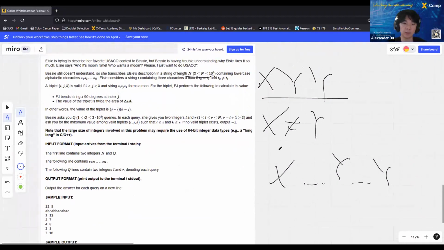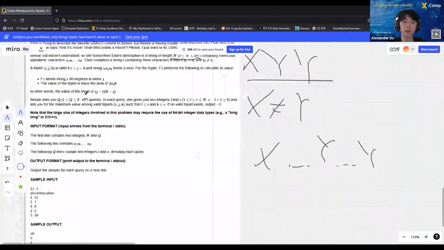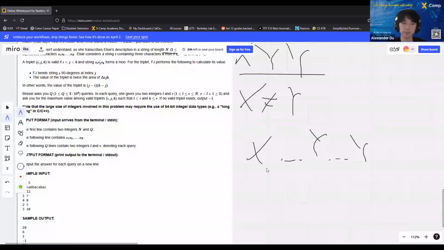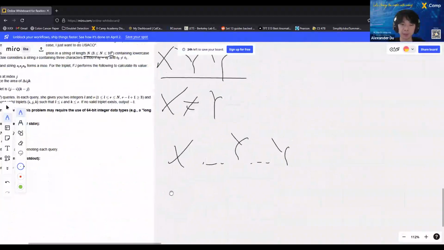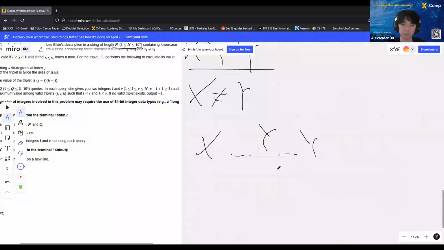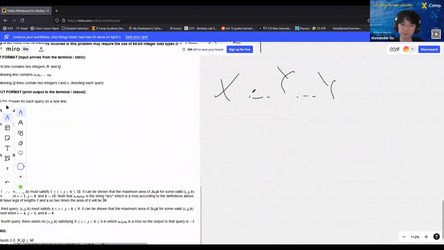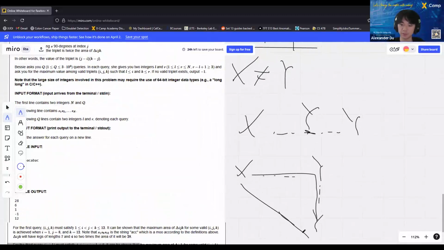Now for every single moo like this, every single triplet, we are given a formula to calculate its value. Basically, we take this string and bend it at this number so it turns into x dot dot dot y dot dot dot y, and then we calculate the area of the triangle that it forms.